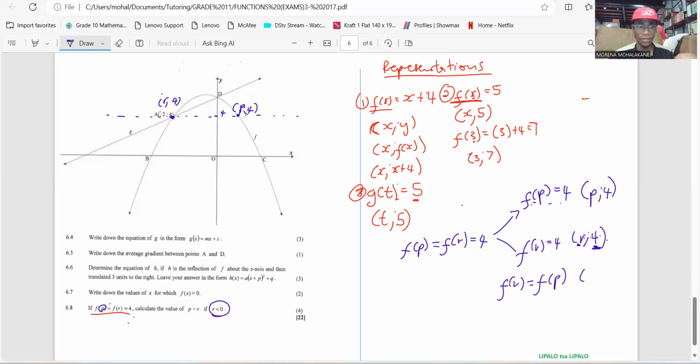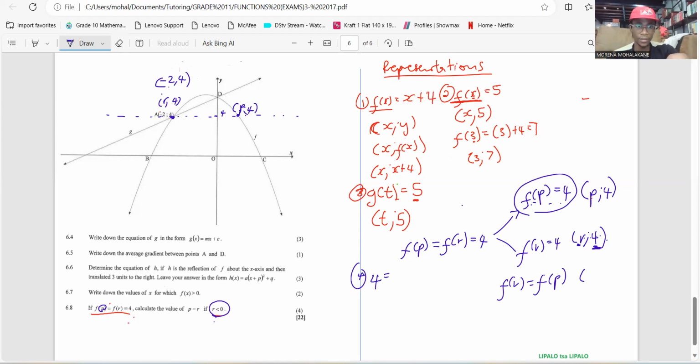I can find the value of p. I already know the value of r, because it's here, -2, and then 4, since they told me it's negative. Now I can find the value of p. This is simple because I can just substitute in the place of y. So I'm going to say 4 is equal to the equation.